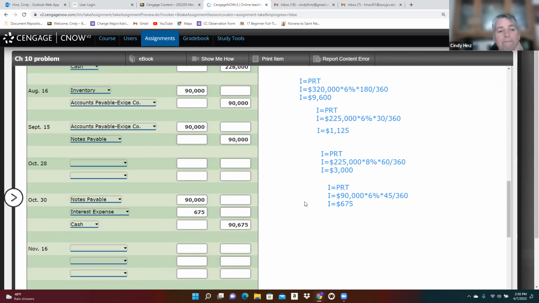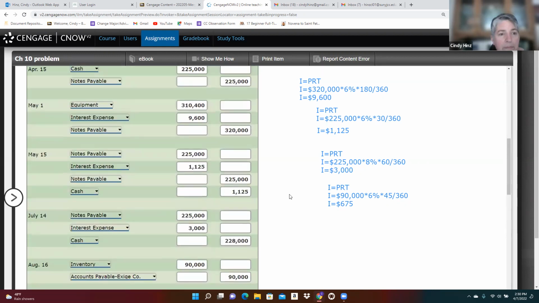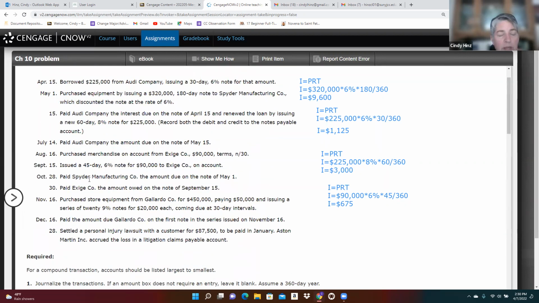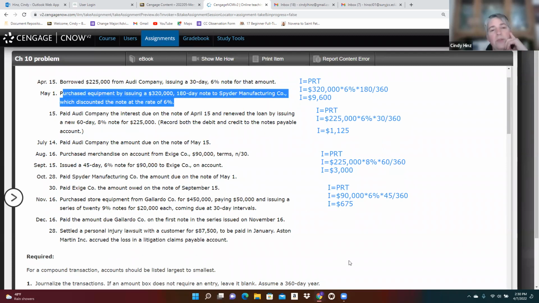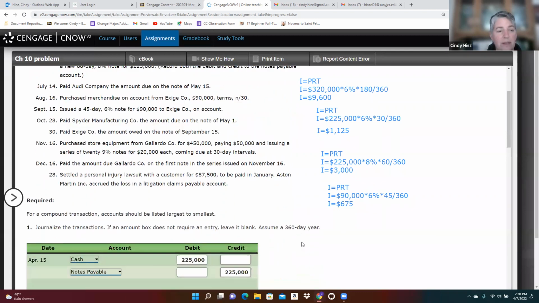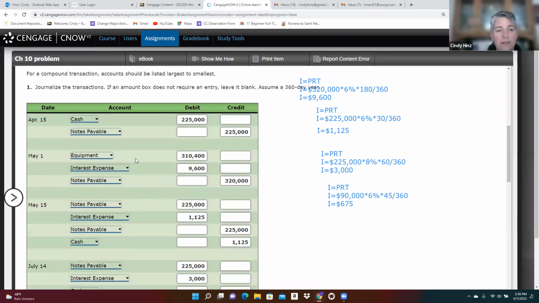Okay. Now I can go back and read what that October 28th transaction was. What happened on October 28th? Spider Manufacturing from May 1st. Oh, okay. So that was the discounted note. And that's why I only had 2 lines there, because back on May 1st, we already reported the interest associated with that note.